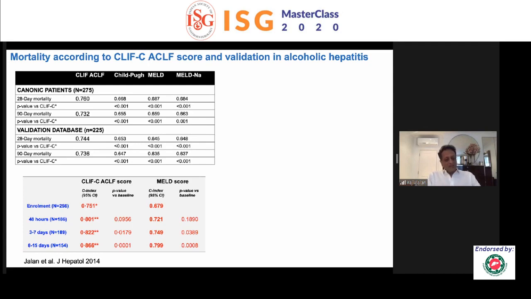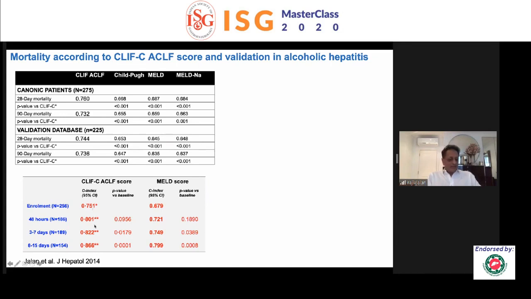The second point to make is here on the bottom slide. This is absolutely crucial because a lot of commentators have suggested that the CLIF ACLF score is not very accurate, that it's only 75% accurate. But remember that a lot of times we're seeing patients 3, 4, 5, 7 days after they have presented to another hospital or deteriorated.